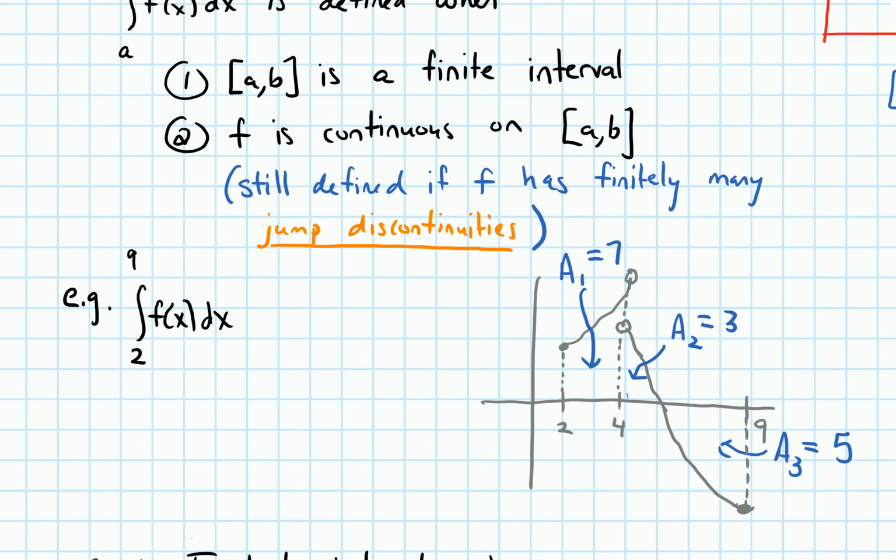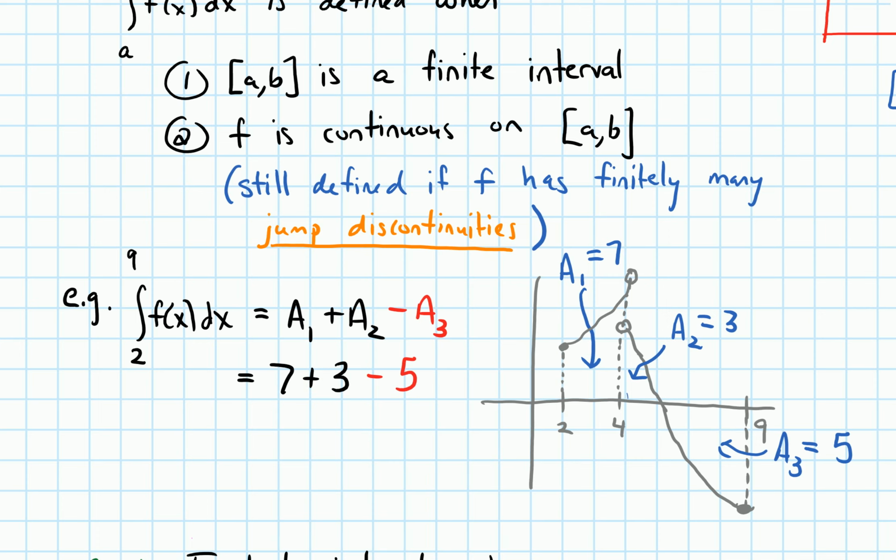Using this notation, my integral is equal to the first area plus the second area minus the third area, because A3 is below the x-axis, so it gets counted as a negative area. Plugging in our numbers, A1 is 7 plus A2 is 3, minus A3, so minus 5.